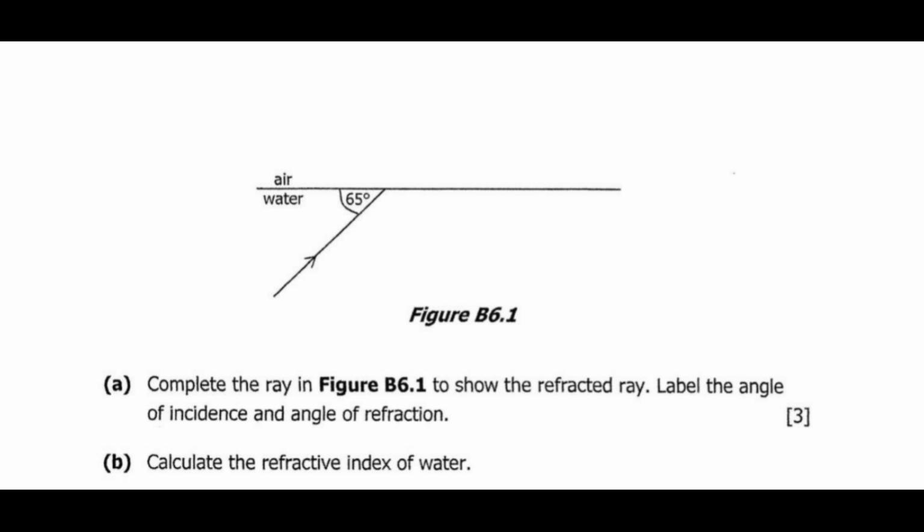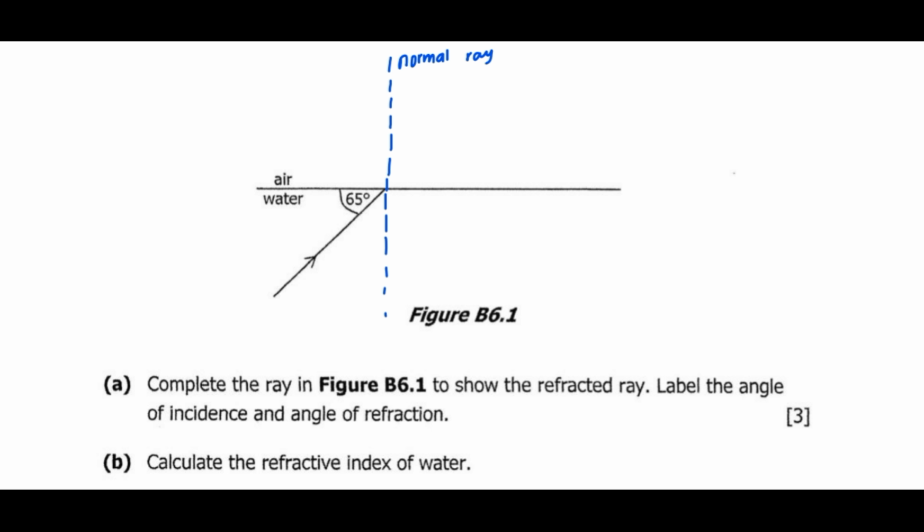Label the angle of incidence and angle of refraction. So first begin by drawing the normal ray. Remember, the normal ray must be perpendicular to the refracting surface. So this is our normal ray, and the normal ray is always drawn in dotted.